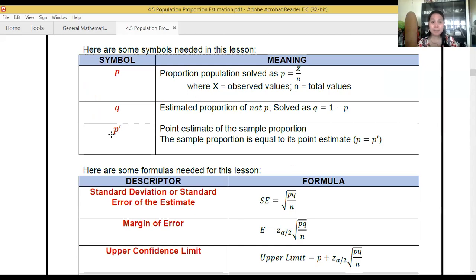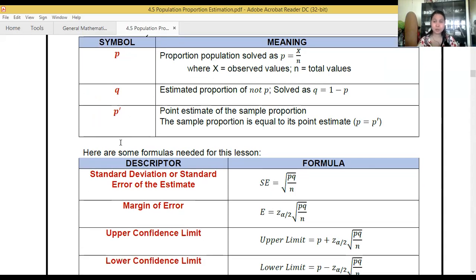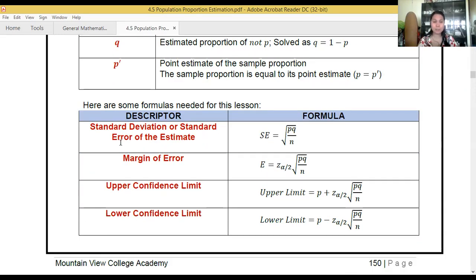The next symbol is P prime. P prime is the point estimate of the sample proportion. Remember that our P is equal to our P prime. What are other formulas or estimators for this topic? The standard deviation is also called the standard error. The smaller the standard deviation is, the smaller the error is also.